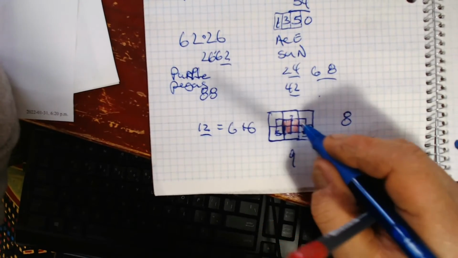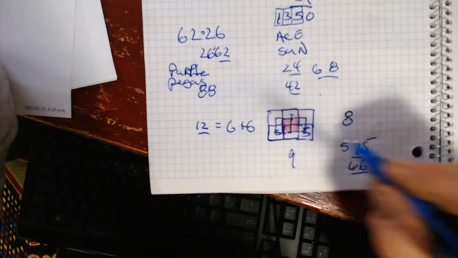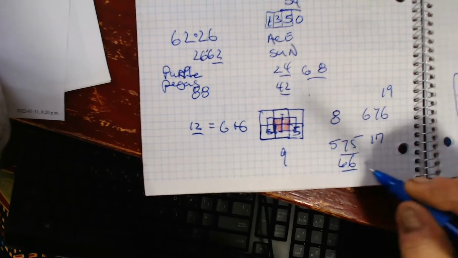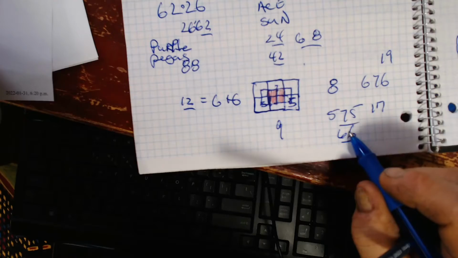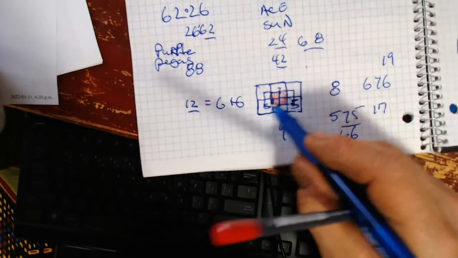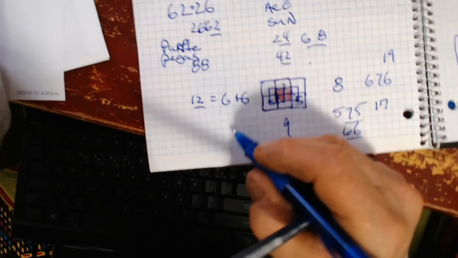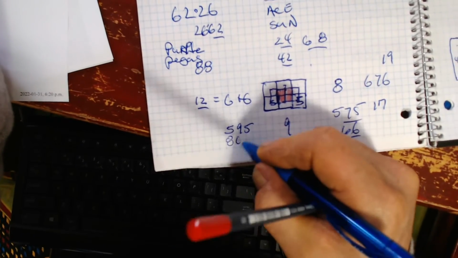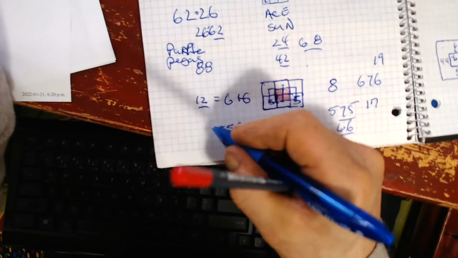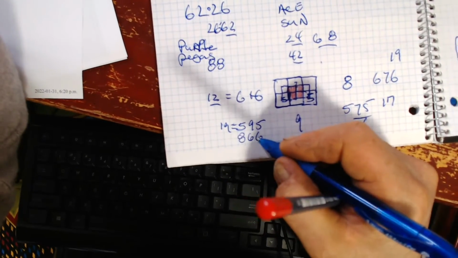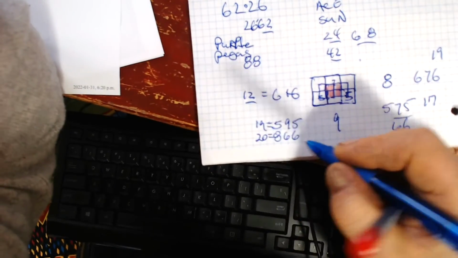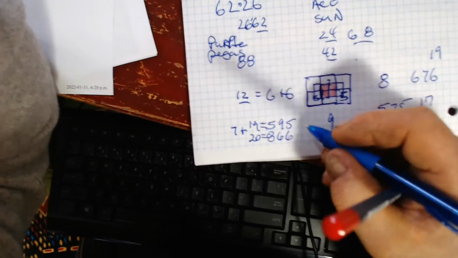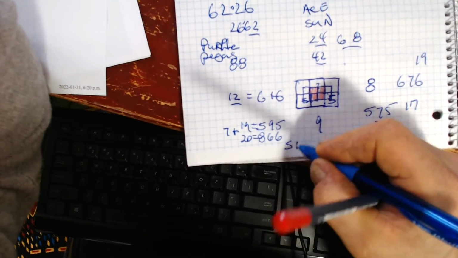So 676, the point of the pyramid, equals 19, 575 equals 17, where 66 connects it. Now, if we take the entirety of this, excluding this for now, we will have 5, 9, 5, 8, 6, 6, which equals 19, 6, 6, 12, which equals 20, plus 7. 19 and 20 is S and T, first and last.